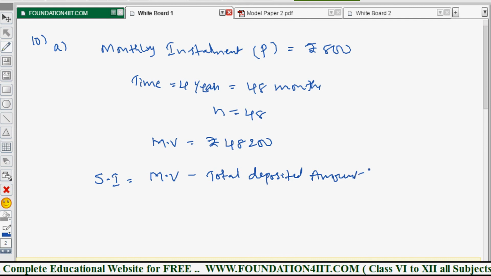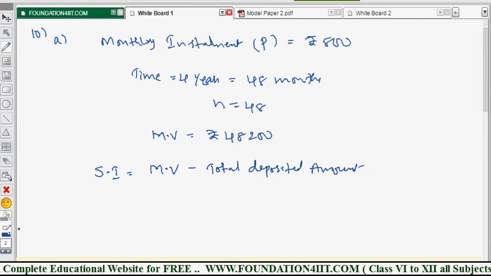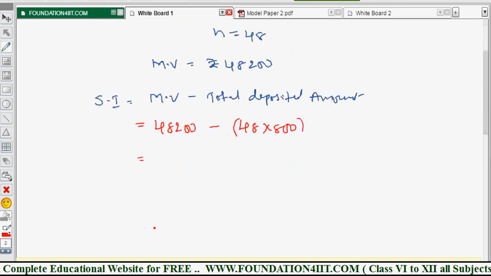That is the simple interest. So the maturity value is 48,200 minus the total deposit amount, which is 48 months and every month 800. Now if you subtract both, we get the simple interest.